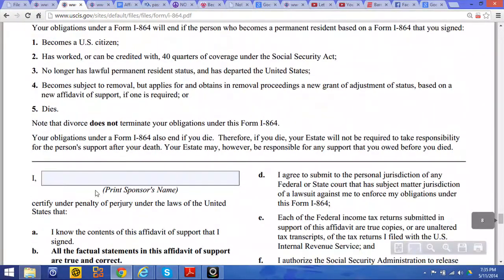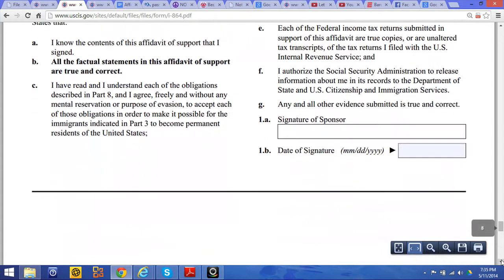Let's say you put Joan Laguerre, just an example, I advise you to use a black pen to write it here, and then you sign here, and you put the date here.